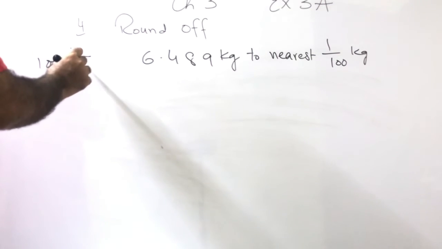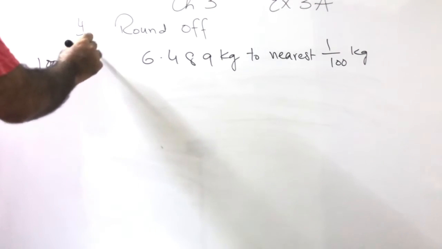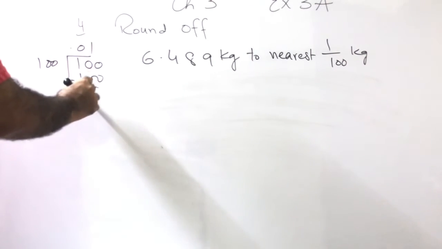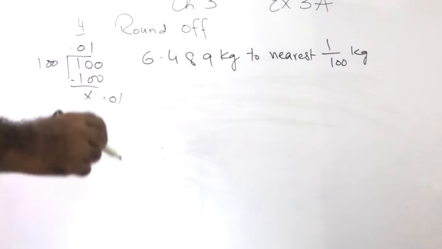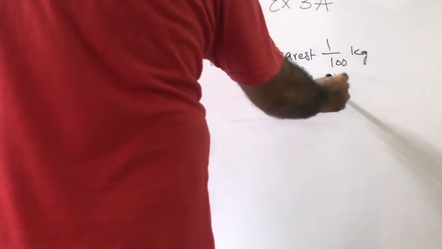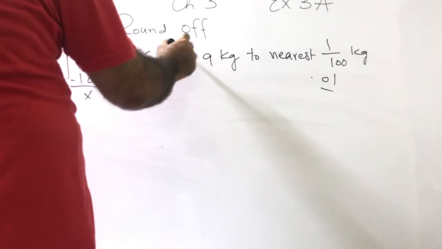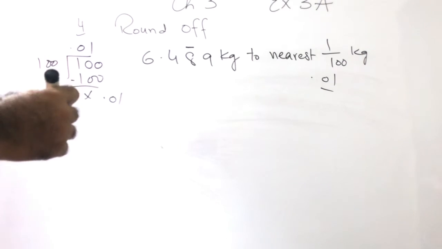Put the point, put 0. Again smaller, put 0. 100 ones are 100. It becomes 0.01. So we need to round it off to 0.01, meaning two numbers on the right side of the decimal point. We need to round it off to this place.